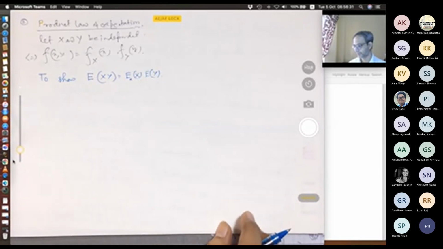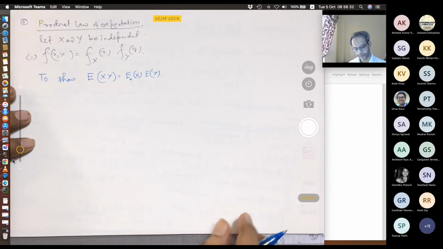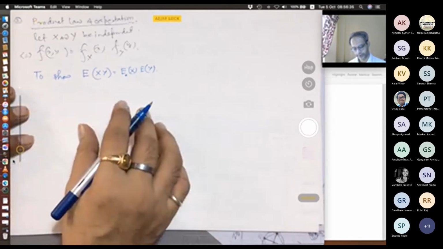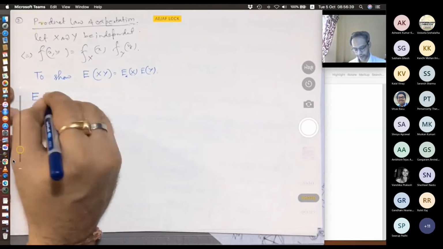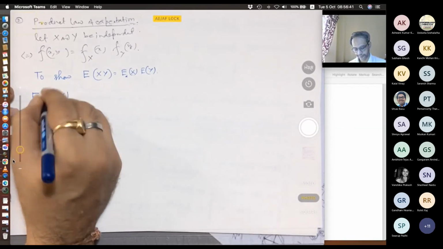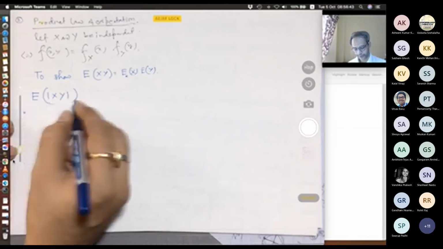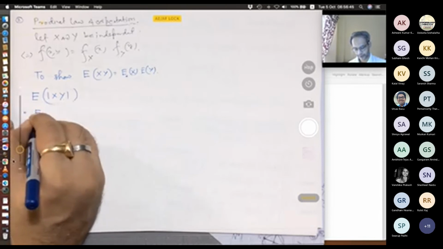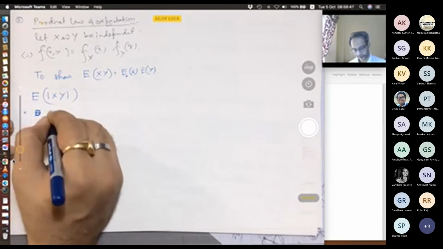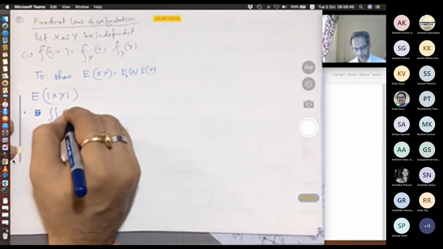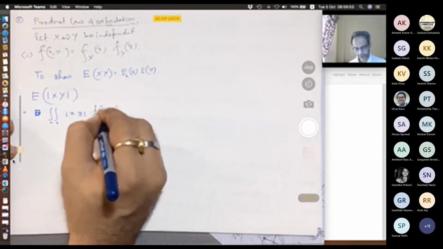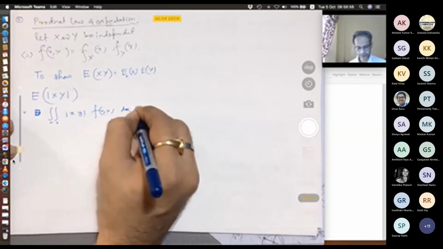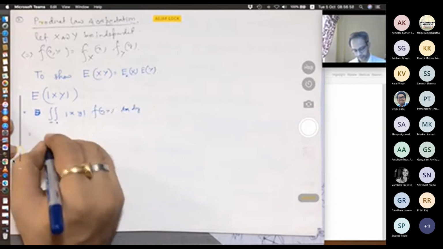Again you have to do the checking whether it is finite or not. So first you need to consider expectation of |XY|. So you can write double integration |xy| f(x,y) dx dy. This is trivial.